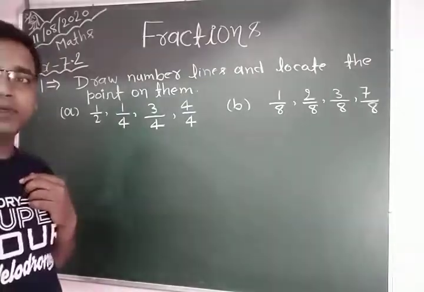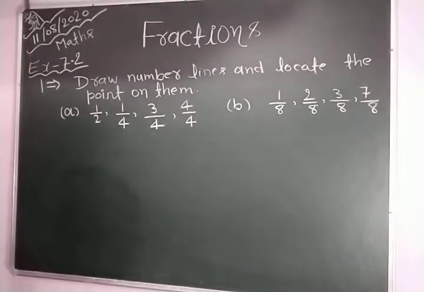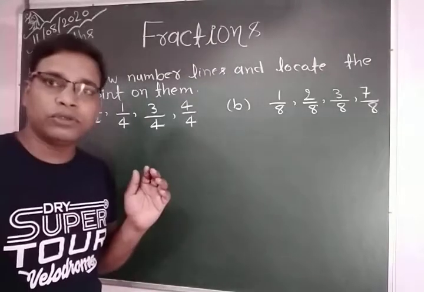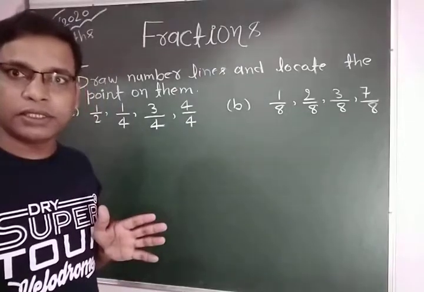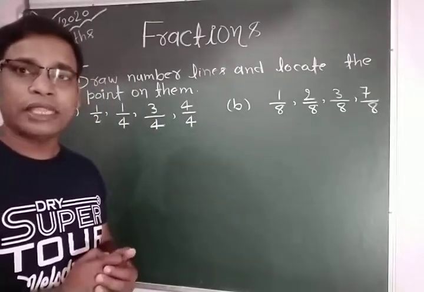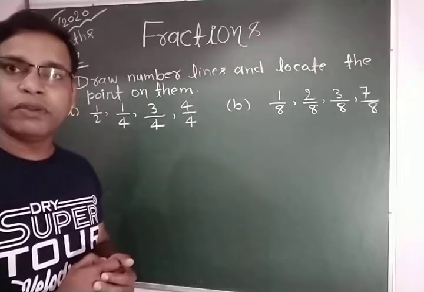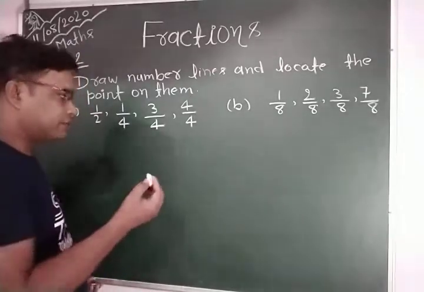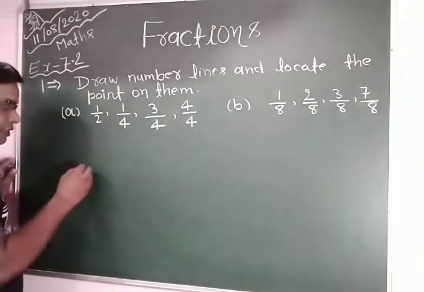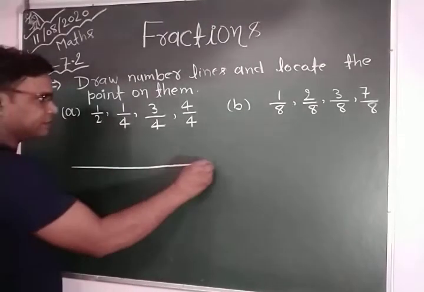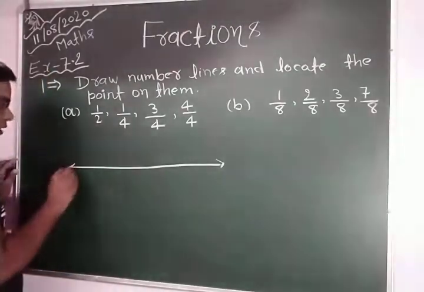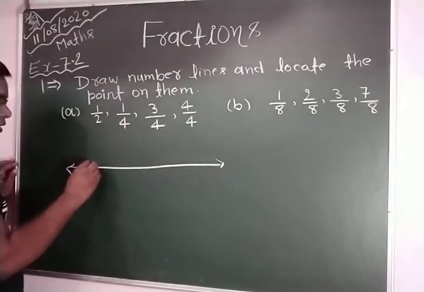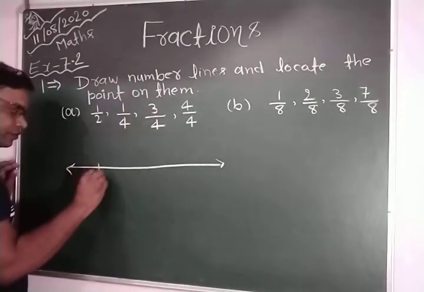We know how to represent whole numbers, natural numbers, and integers on the number line. We know that very well. First, we draw a straight line like this. Take 0 here.